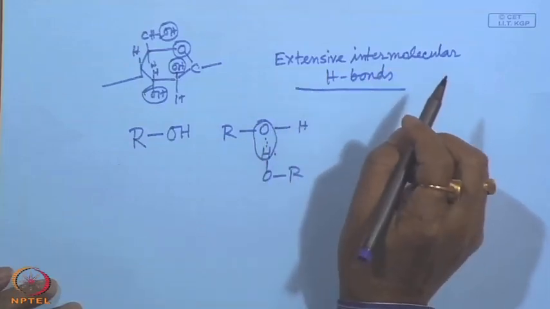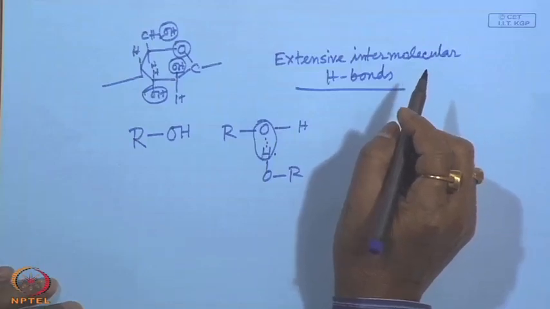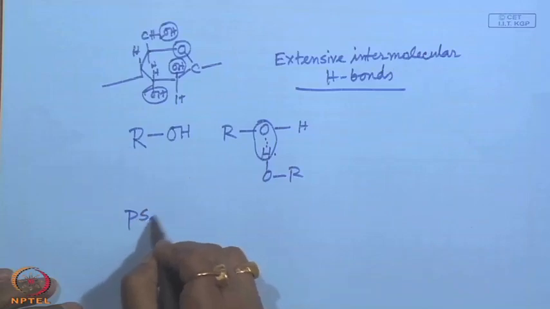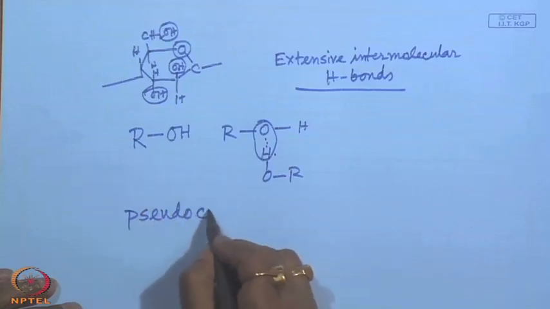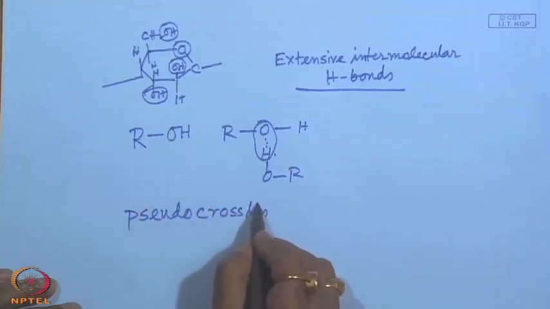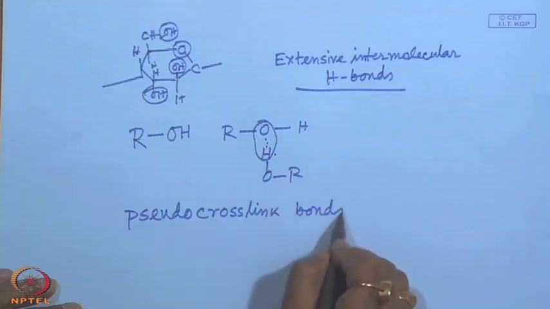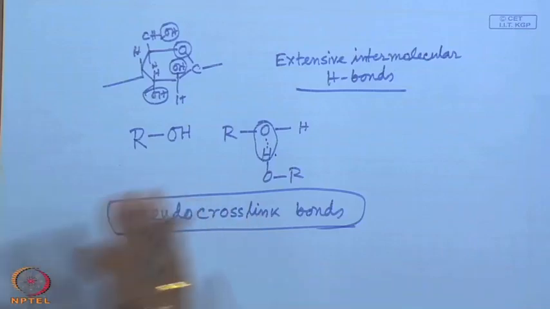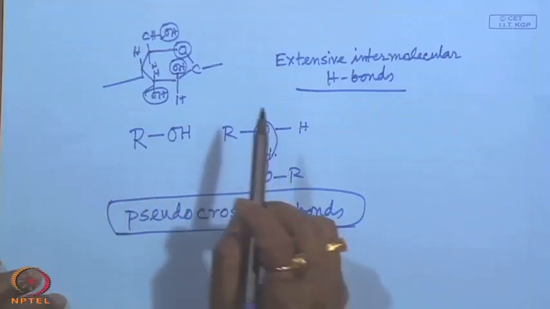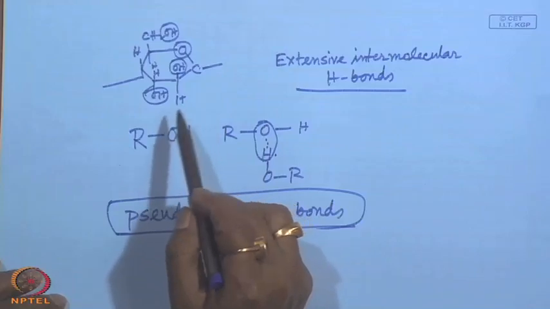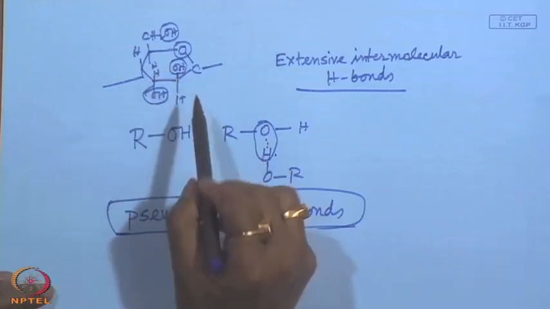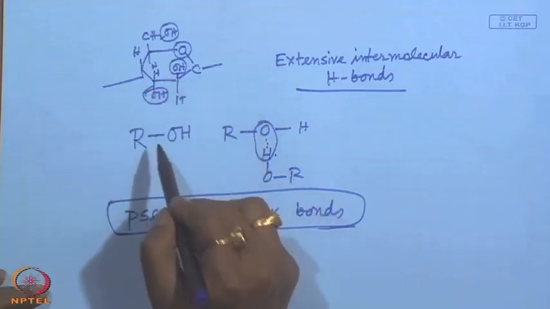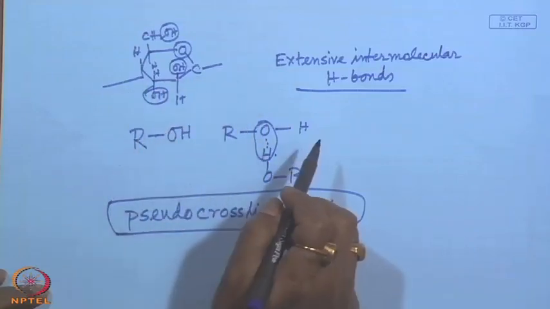Now, these intermolecular hydrogen bonds present in cellulose behave like pseudo cross link bonds. Pseudo cross link bonds means there is intimate bonding between each anhydroglucose unit of one molecule and the anhydroglucose unit of the other molecule.